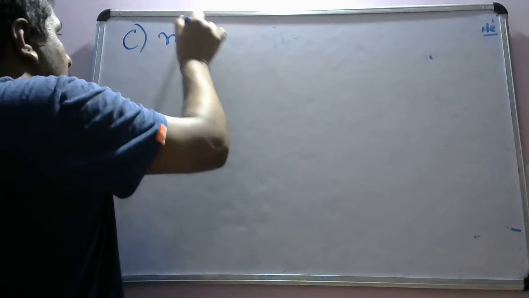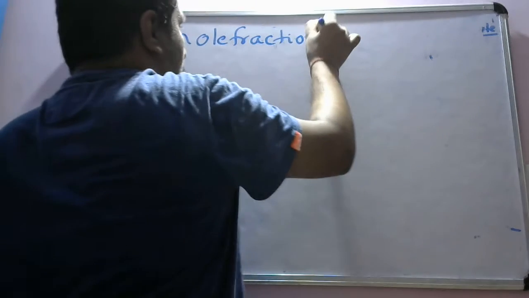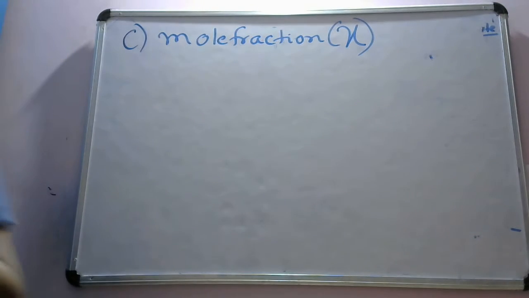The C, that is the third bit, mole fraction. Mole fraction symbol we know, sometimes called as chi or X.